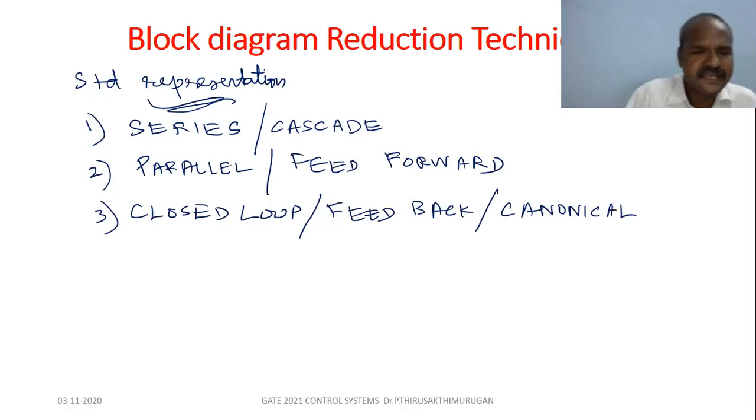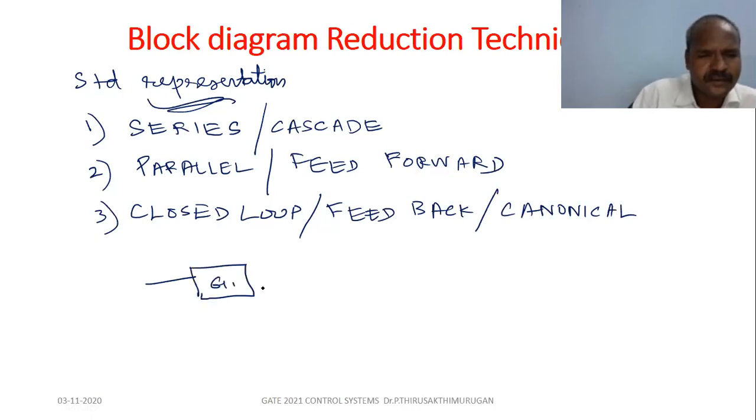When it is in series, say there are two blocks with gains G1, a transfer function (open loop transfer function), and G2.